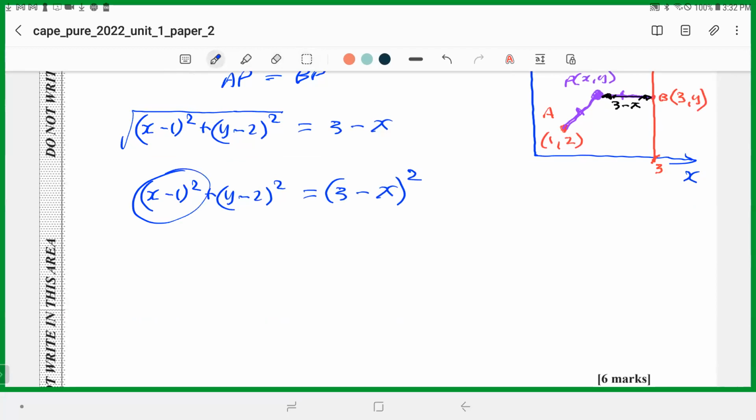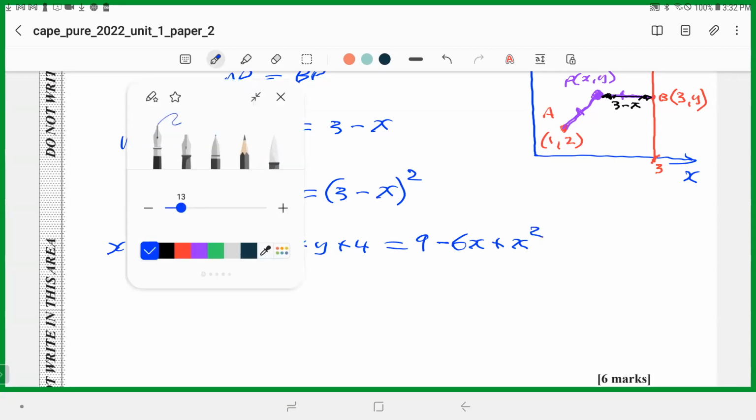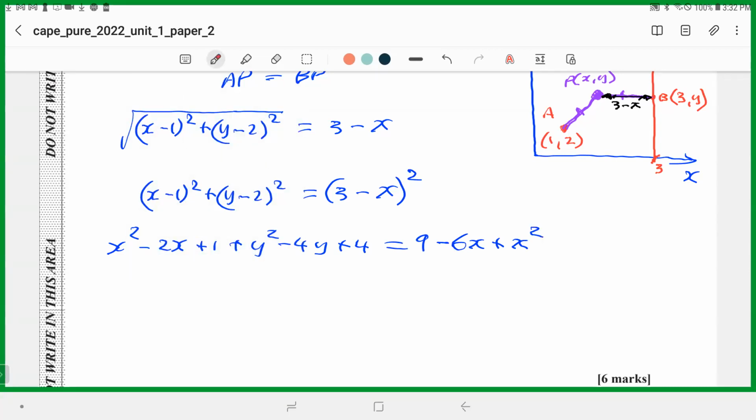So expand this first. I get x squared minus 2x plus 1. Expand this, I get plus y squared minus 4y plus 4 equals, expand here now, I get 9 minus 6x plus x squared. And the x squared is going to cancel: this x squared will eliminate this x squared.